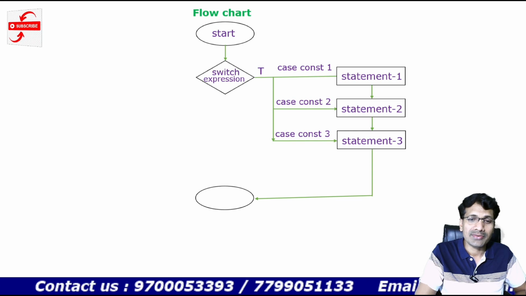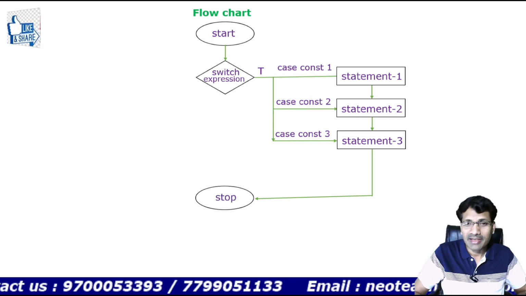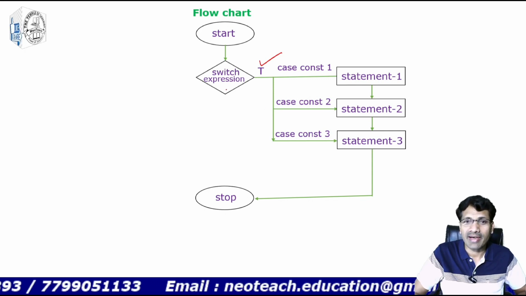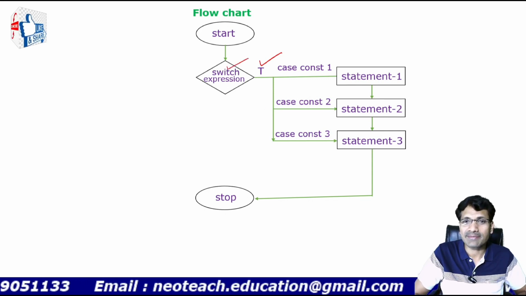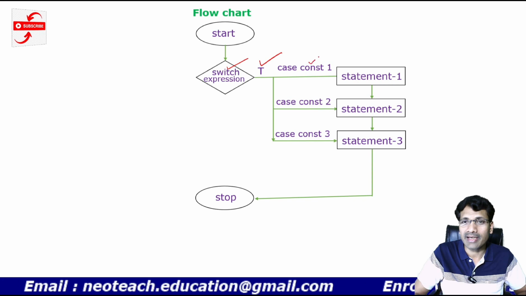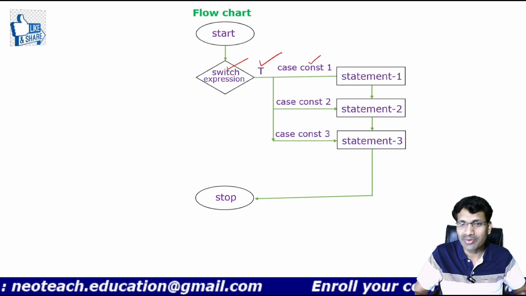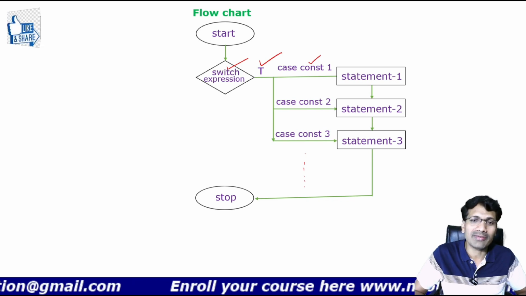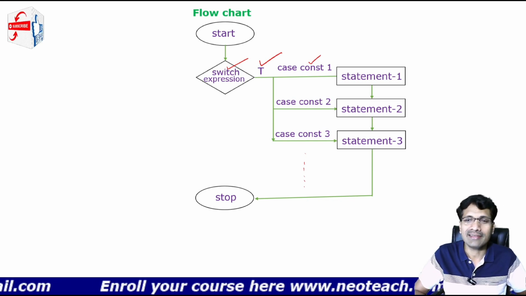Actually, what do we mean here? True is nothing but a match found. The value evaluated by this switch expression matches either constant 1, 2 or 3. n number of cases we can implement on this side.